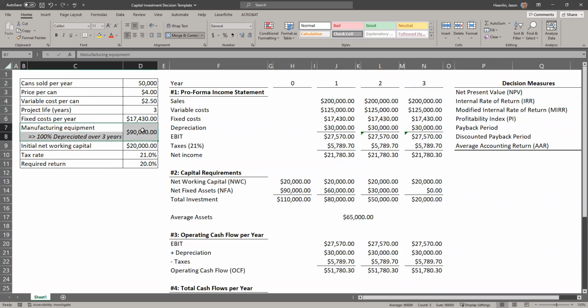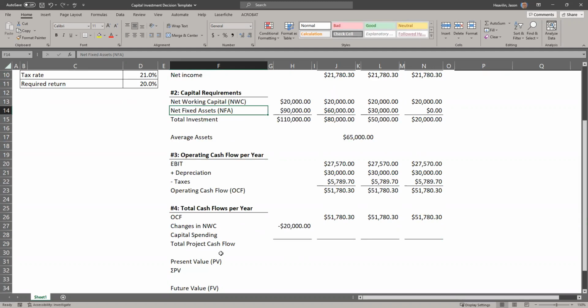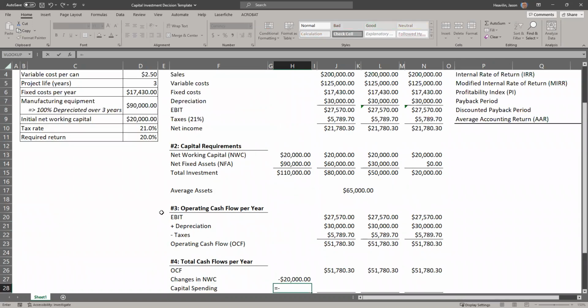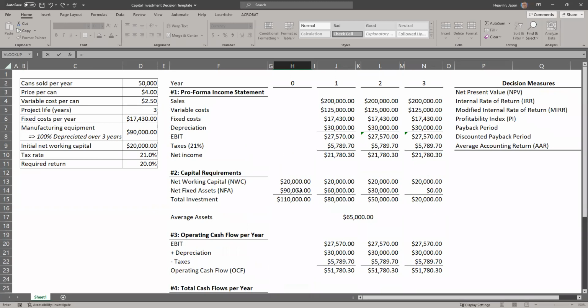This manufacturing equipment, which we also call net fixed assets, is also going to serve as the capital spending, money that we spent in equipment, capital assets, etc. So same thing, we need to represent this as the negative of the 90,000. You could have clicked to here, because it's the same thing in this case.